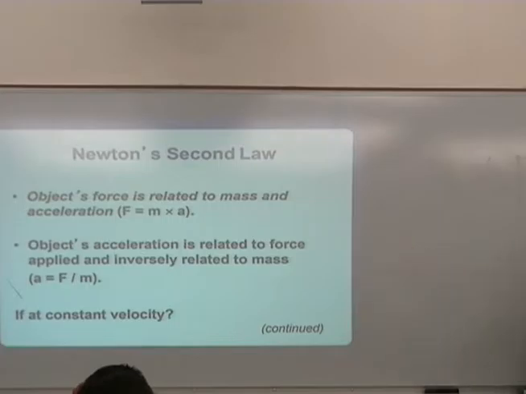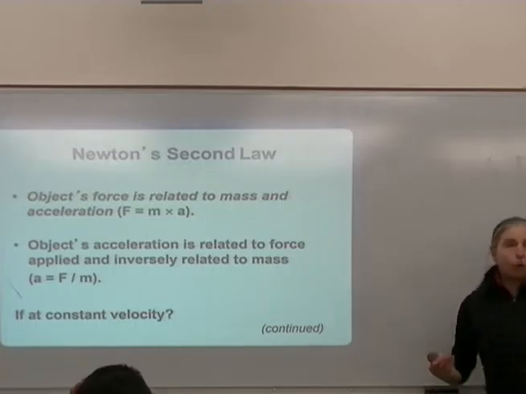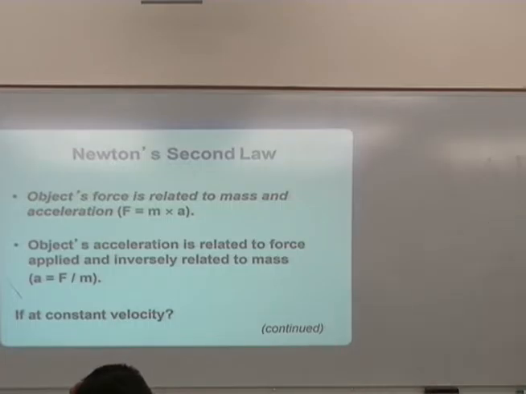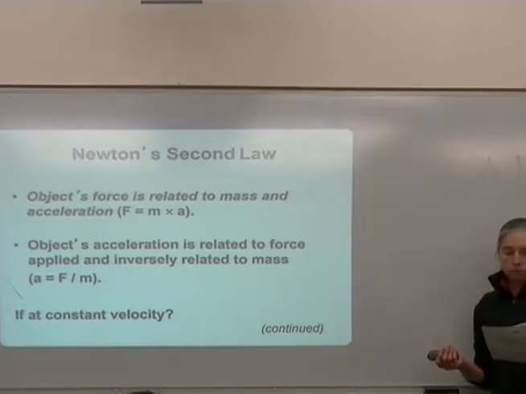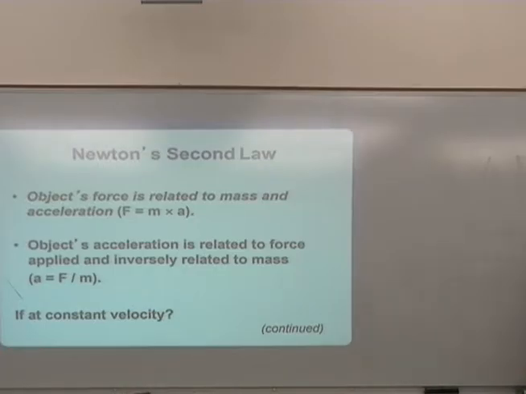All right, so law number 2, then. Mr. Newton, clever so-and-so that he was, says that the force an object has is a function of its mass times its acceleration, F = ma.